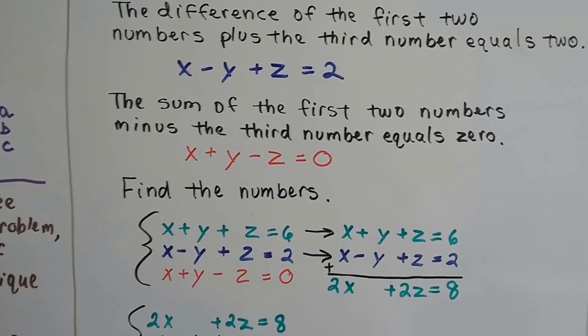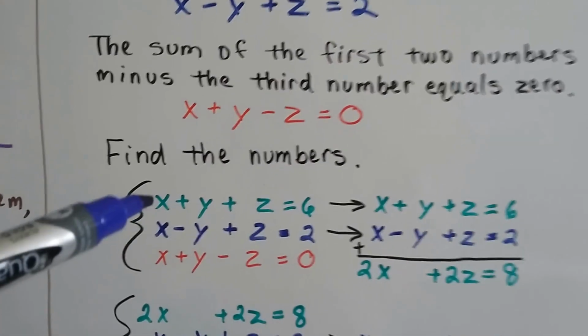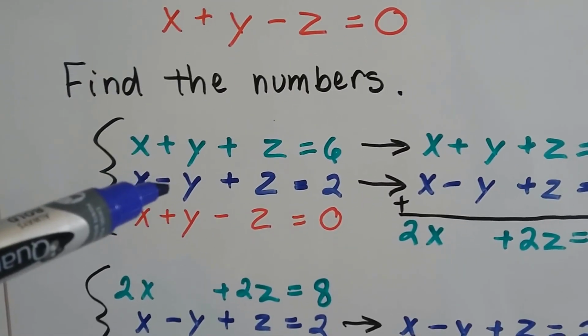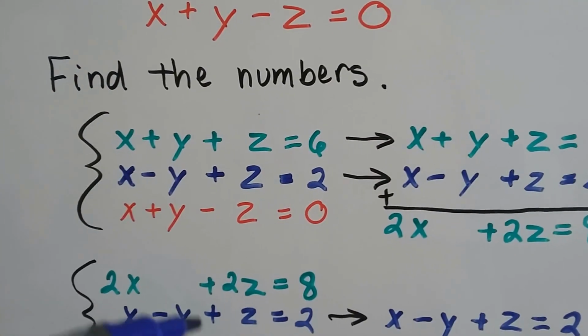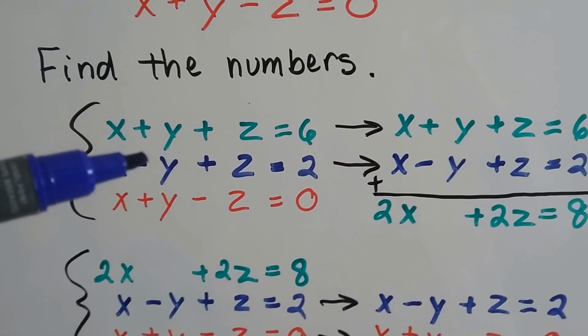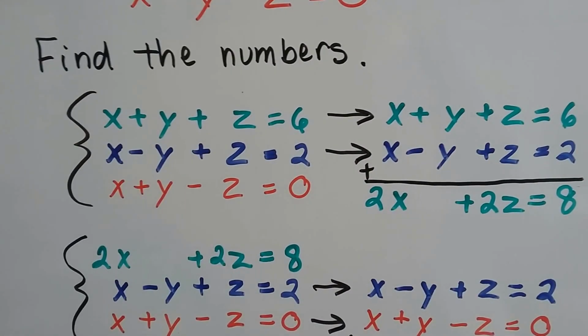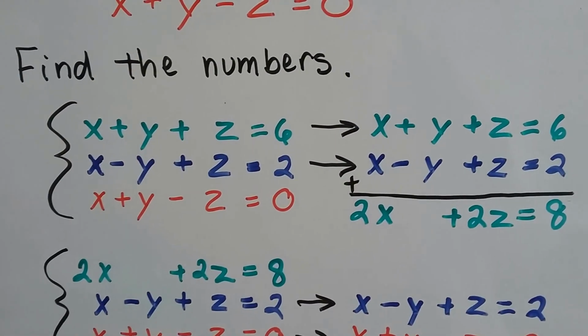Here we go. And if you look at these first two, do you see the positive y and the negative y? See that? How about here? Look at a negative y and a positive y, and a negative z and a positive z. See that?